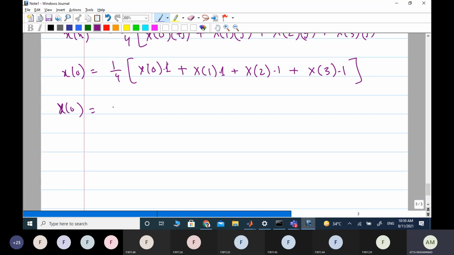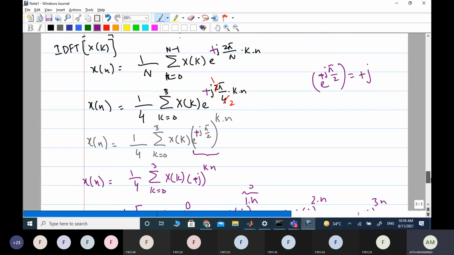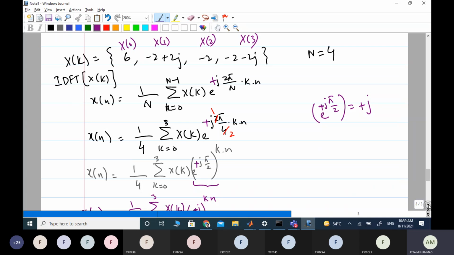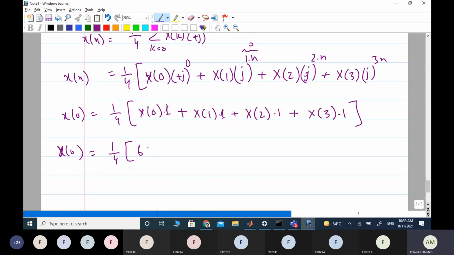Now, capital X of 0 is 6, if you remember. This is our X of 1, X of 2, and then X of 3. Now plus what is X of 1?